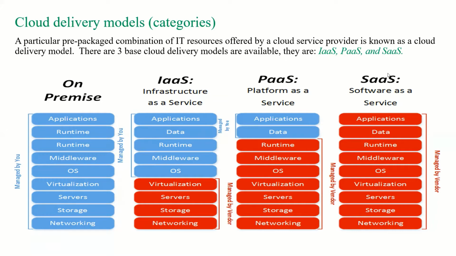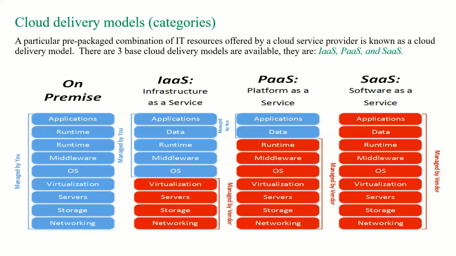To start with, we have 3 base cloud delivery models: IaaS, that is infrastructure as a service, platform as a service, and software as a service. This cloud delivery model is all about a particular pre-packaged combination of IT resources offered by cloud service providers.